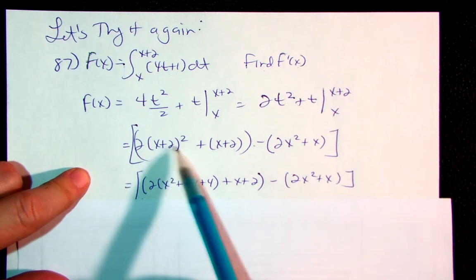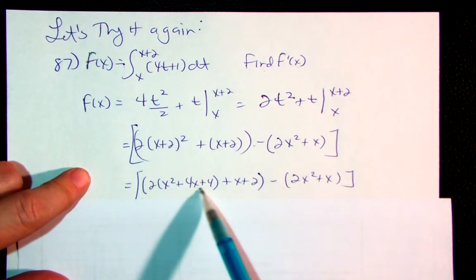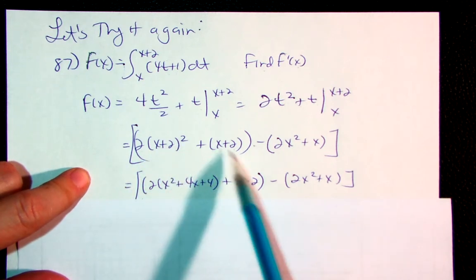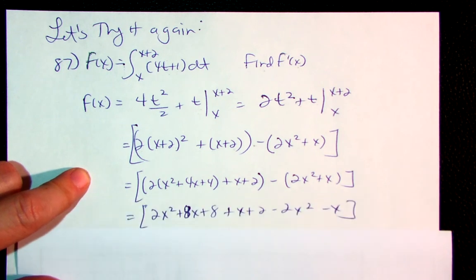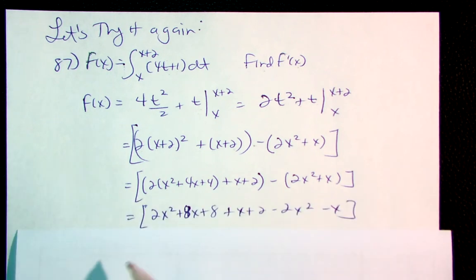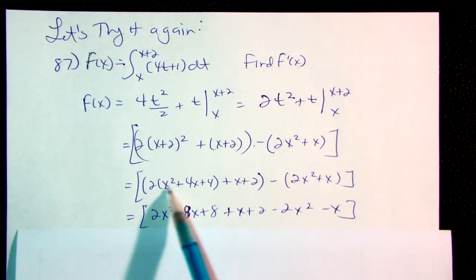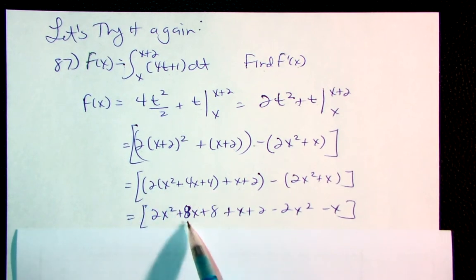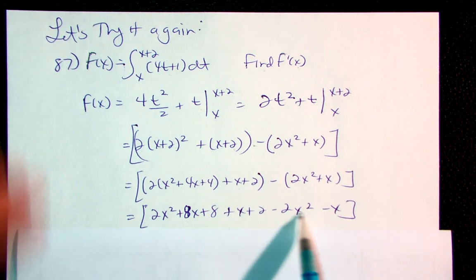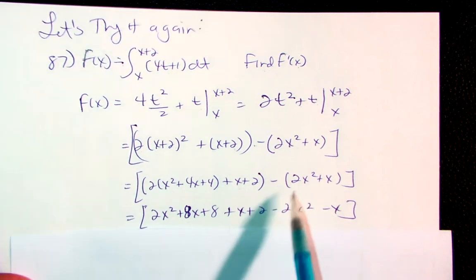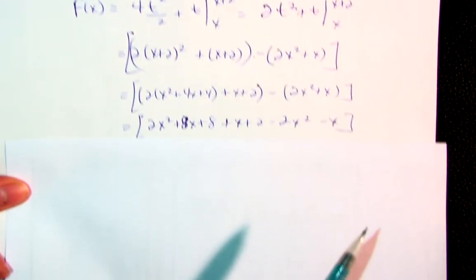So x plus 2 quantity squared is x squared plus 4x plus 4. I just took that out of the parentheses, didn't do anything else. Now I'm going to distribute that 2 to everything inside of here. It's 2x squared plus 8x plus 8. And then I just wrote all of those terms down, distributed that negative.